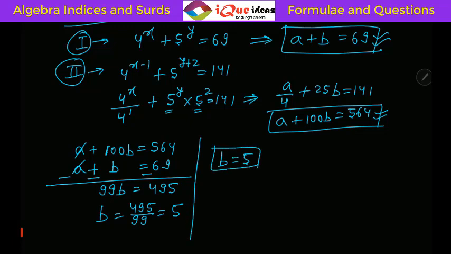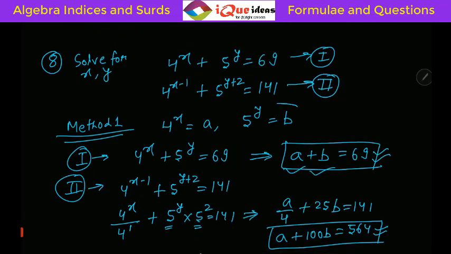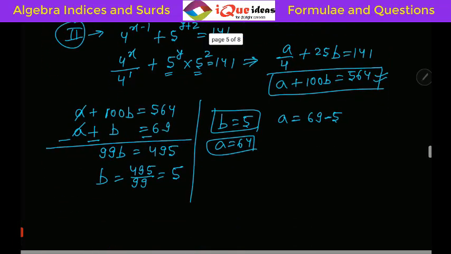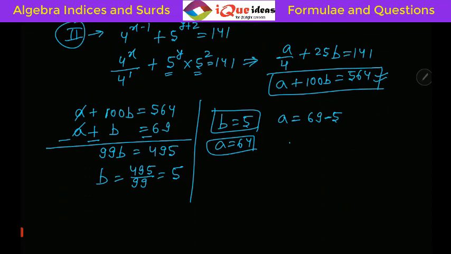If you put b equal to 5 in the first equation, that is a plus b equal to 69, you will get a equal to 69 minus 5. That means a is equal to 64. But remember, b was 5 raised to y and a was 4 raised to x. So we come back here and say that b, which is 5, is equal to 5 raised to y.